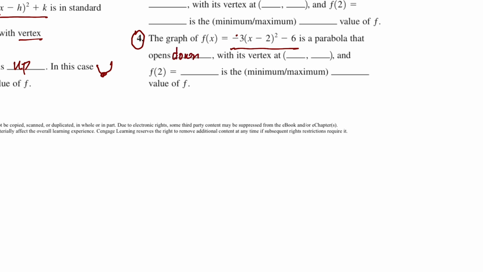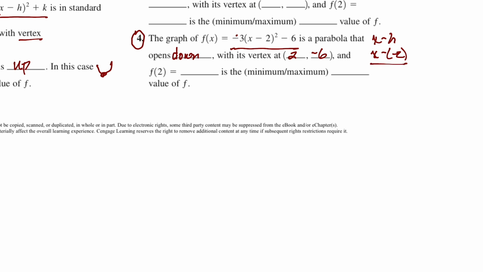The vertex is going to be at, is it -2 or +2? Yeah, it's going to be at +2 and -6. So that's common, but this is x minus h. To get a -2, we have x minus a -2 is where the -2 would have been coming from, but this is a plus. So it's (2, -6).